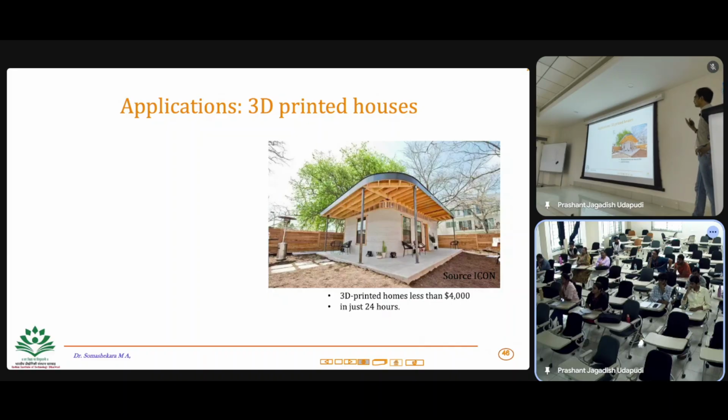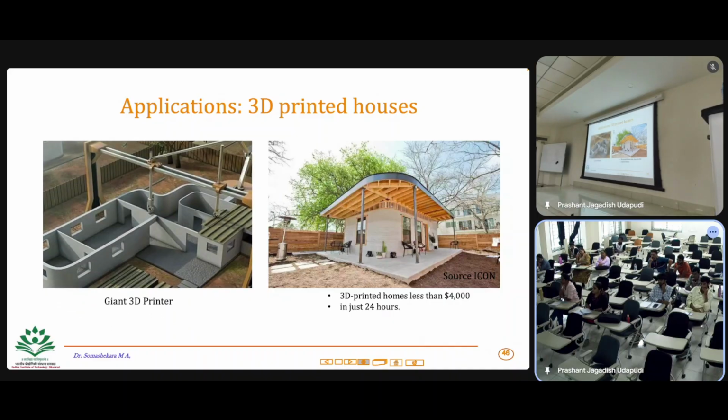A lot of research is happening in this area, where people are printing houses, and you can also see some bridges. Especially when you have a gantry kind of structure. Of course, you need a large gantry or large motion so that you can print different structures. So these are some of the examples.